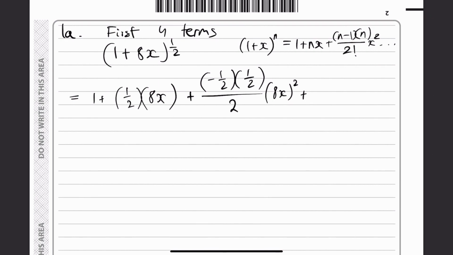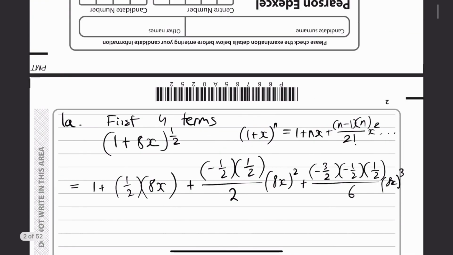The next term is just going to be n minus 2 and x cubed over 3 factorial. So n minus 2, what's that going to be? Minus 3 over 2, I think. Minus 1/2 and 1/2 over 3 factorial, which is now 6, multiplied by 8x cubed.